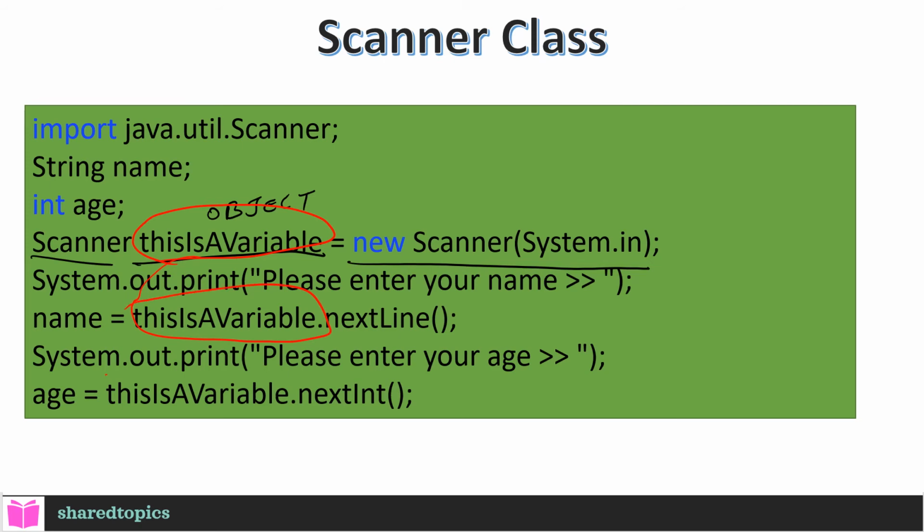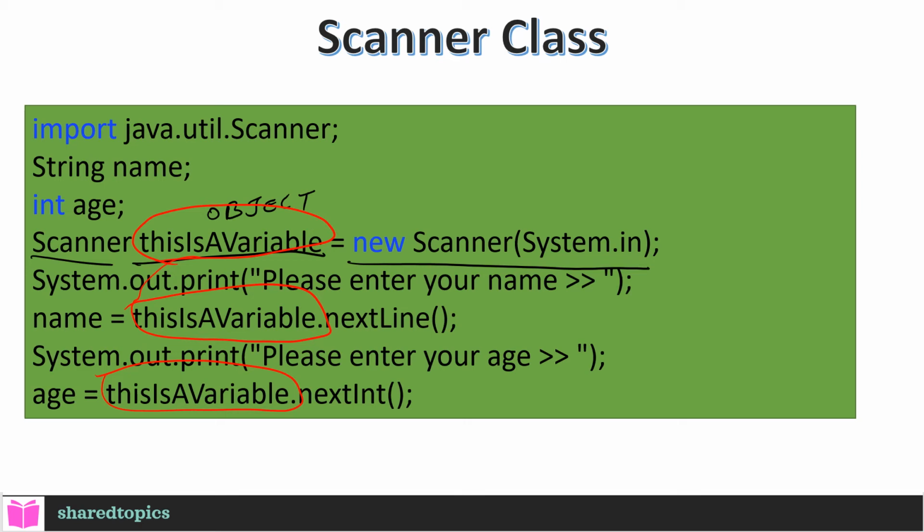Because it knows that that word is of Scanner class, and it can call the methods of the Scanner class. The methods are like nextLine and nextInt. They are used to get user input. So basically Scanner is just a class to create an object of that class so that we can call those methods, nextLine and nextInt.